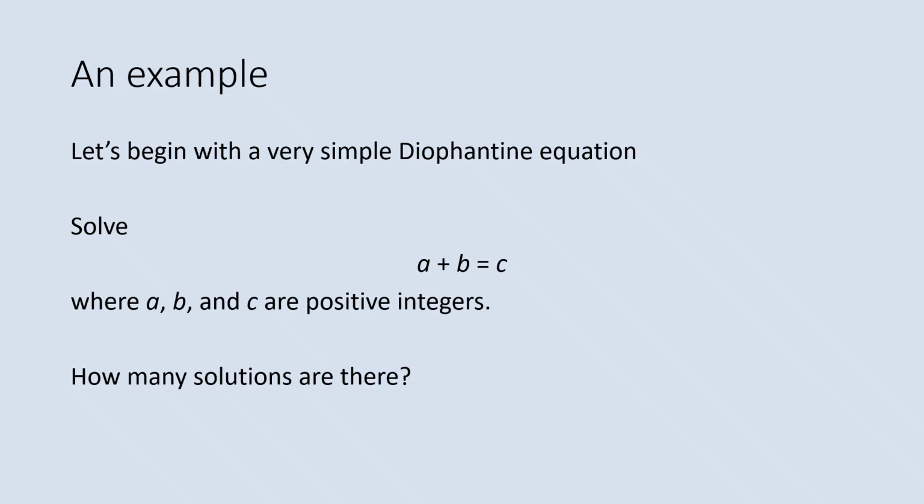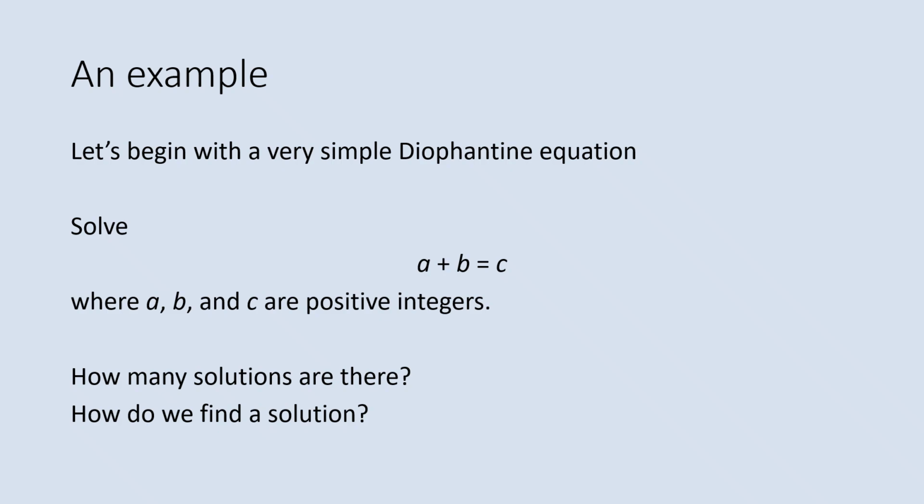And not only that, we can create solutions. So the question of how many solutions are there, well, there are infinitely many solutions. To find one of those solutions, all we need to do is pick an a, pick a b, make sure they're both positive integers, and then c will be another positive integer.